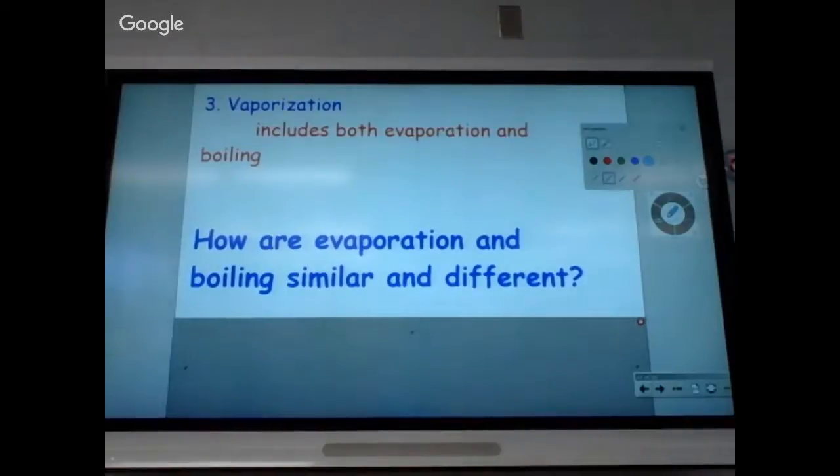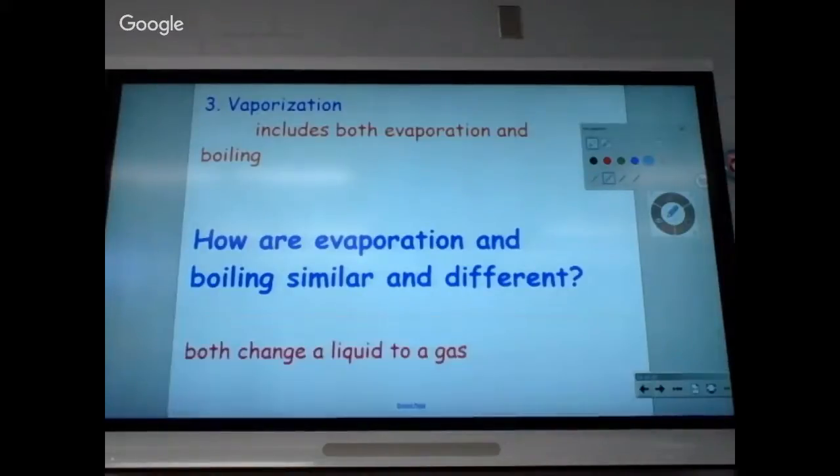They both change from a liquid to a gas. Okay? That's how they're the same. Oh, did I say that? Oh, we're talking about evaporation and boiling. Okay? How are evaporation and boiling similar? They both change from a liquid to a gas.